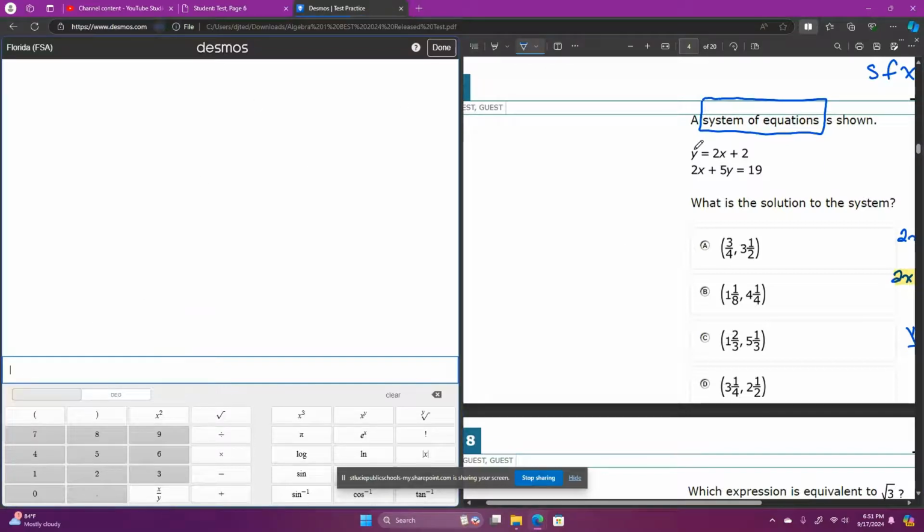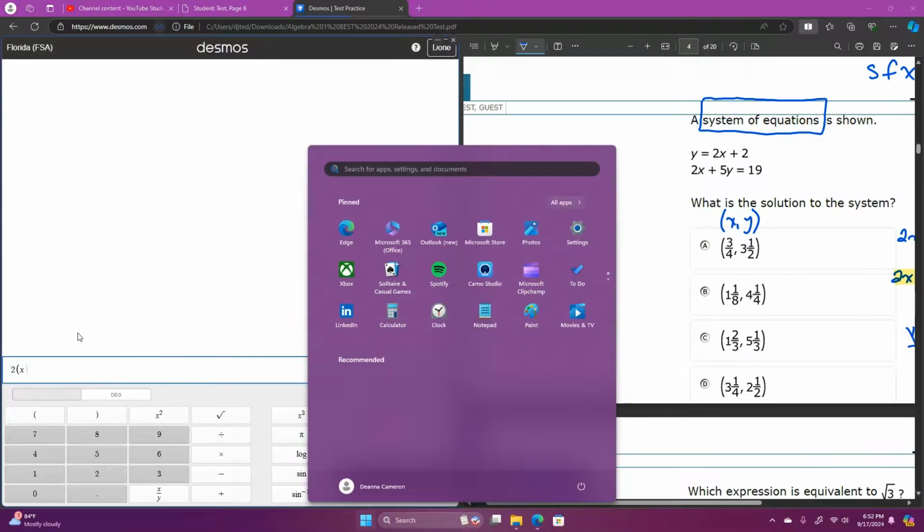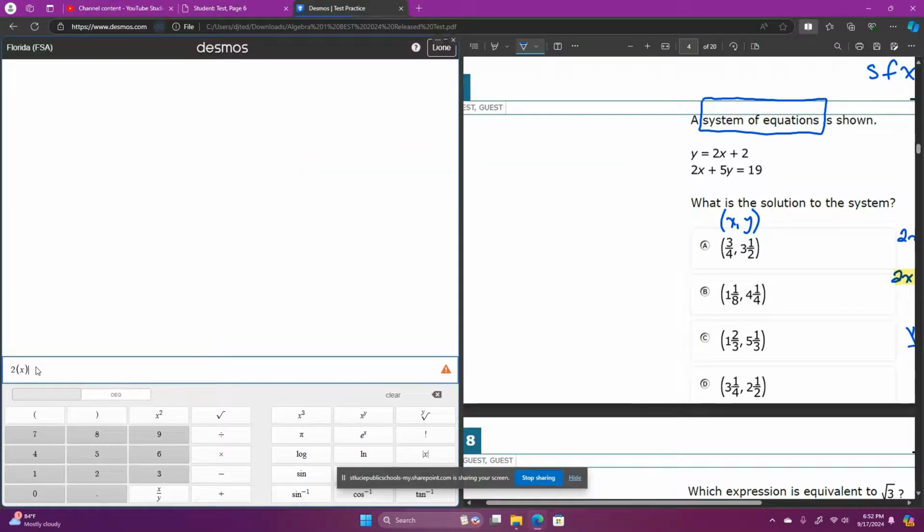So I want my y value here, right? All of these ordered pairs are x, y. I want y to be equal to 2x plus 2. So if I put in 2x plus 2, and if I put in the x value, 3/4, I get 3.5, which is true for equation 1.